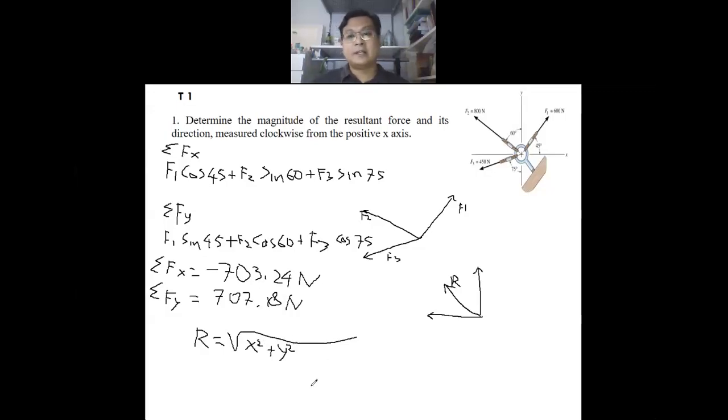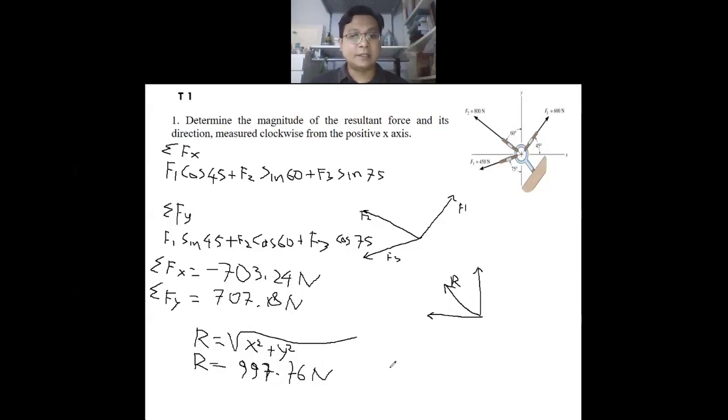Okay, from my calculation, I got around 900.7. So the resultant you can get from this formula.